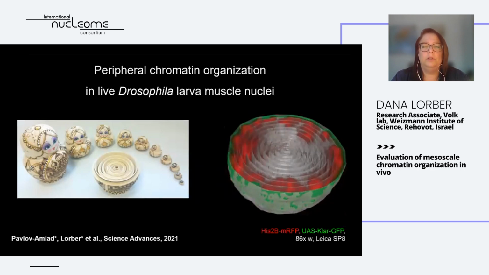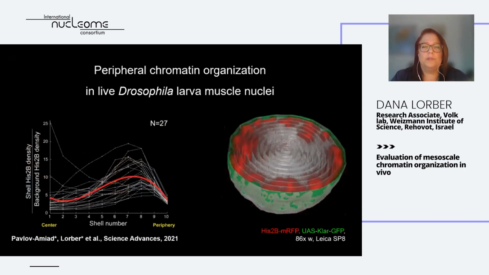We divided the volume of the nucleus into 10 concentric shells and calculated the mean intensity of H2B RFP in each shell and normalized it by the intensity of the signal found in the cytoplasm. The red line represents the distribution of chromatin in the nuclei, and as you can see, most of the chromatin is found in the outer shells.